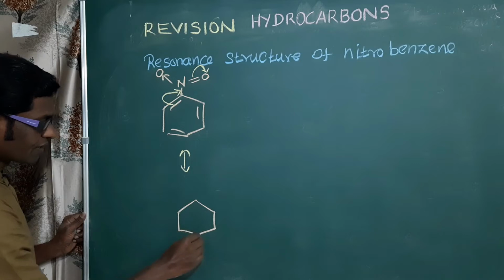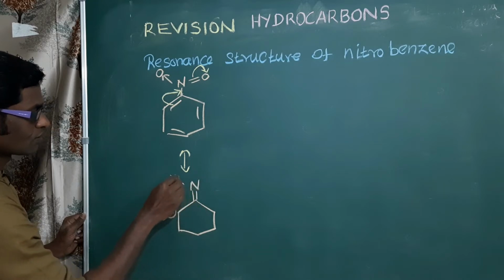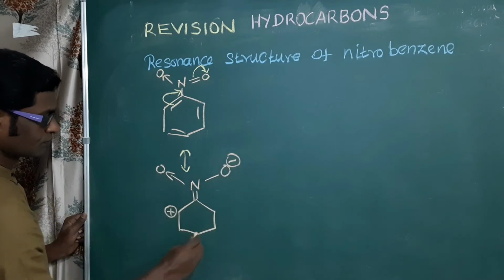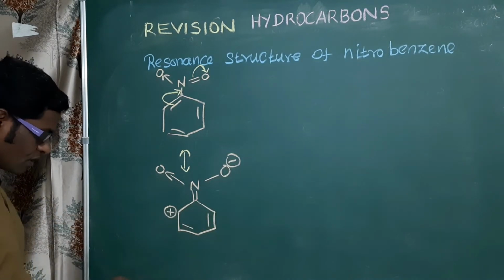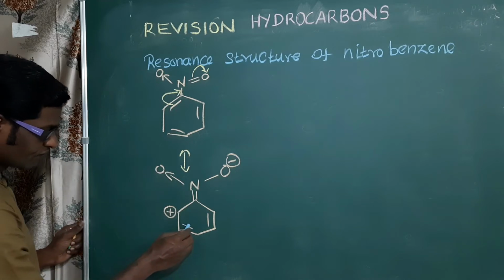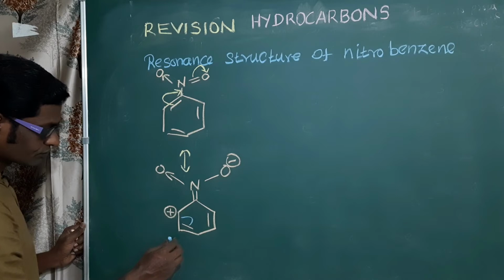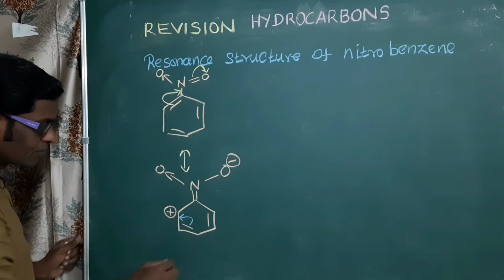Now a carbocation is created on the ortho position. This carbocation is compensated with the neighbor pi electron.